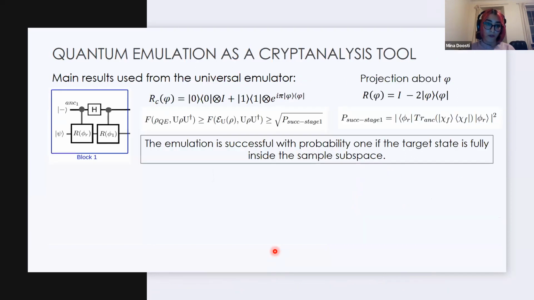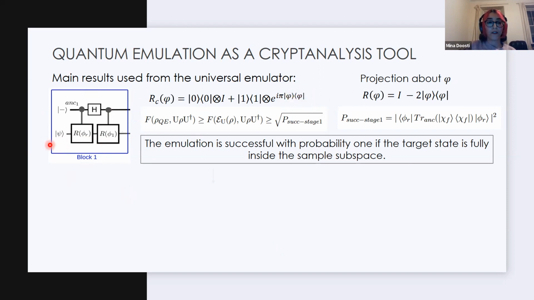So this is the general overview, but in order to work with it, we had to have a closer look at the algorithm because, as I said, this has been used as a process tomography tool, and the sample states are random inputs and outputs of the unitary. But we wanted to use it as a cryptanalysis attack, meaning that the adversary now has control over what kind of samples to pick. If we look at each block, we have this controlled reflection, which reflects the quantum state about this state phi, which are in fact the samples.